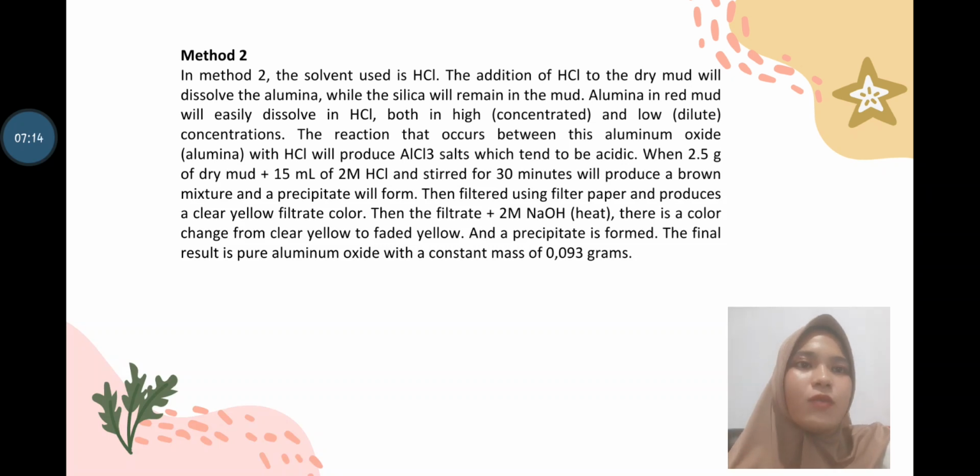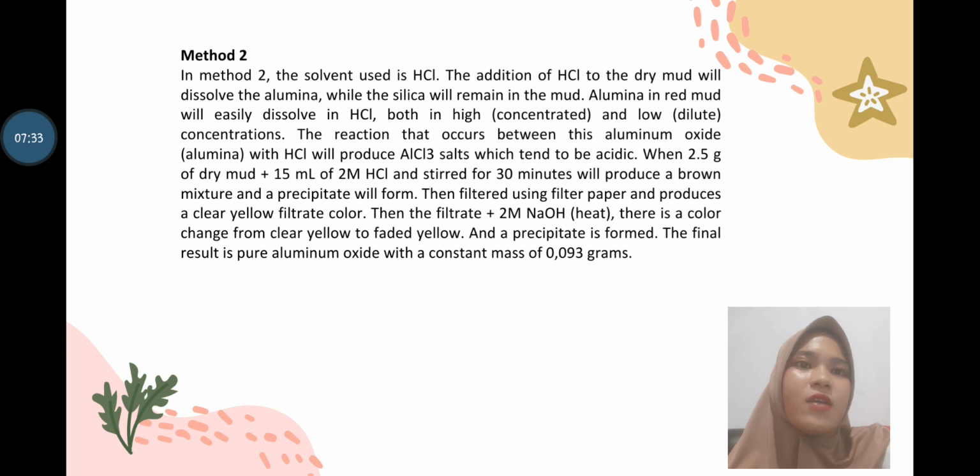When 2.5 gram of dry mud and 15 ml of 2 molar HCl are stirred for 30 minutes, a brown mixture is produced and a precipitate will form.